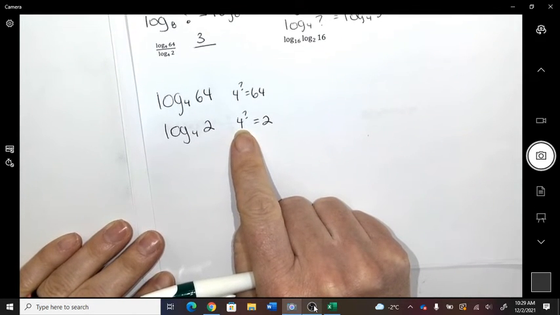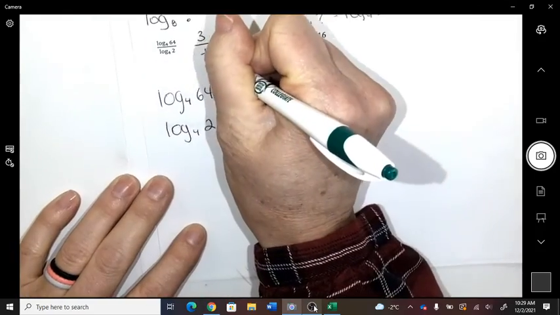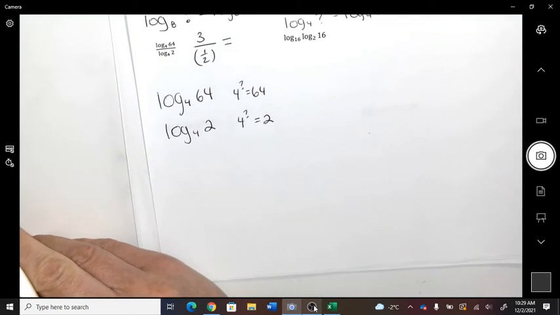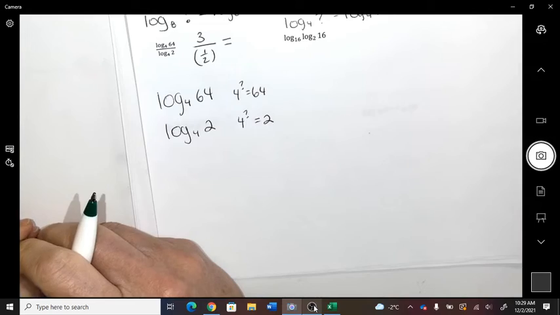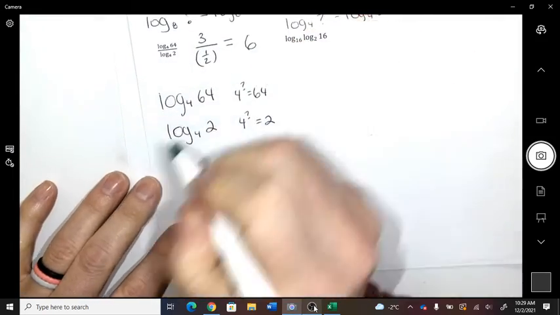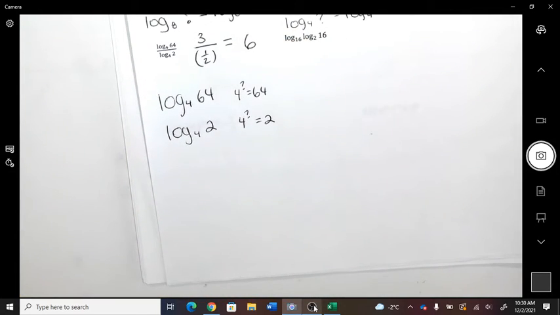What's that exponent? 1/2. So what is 3 divided by half? It's also the same as 3 times 2. Okay, so that whole expression comes to be 6.